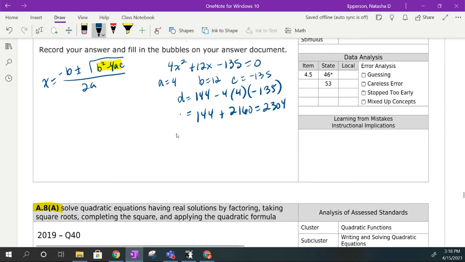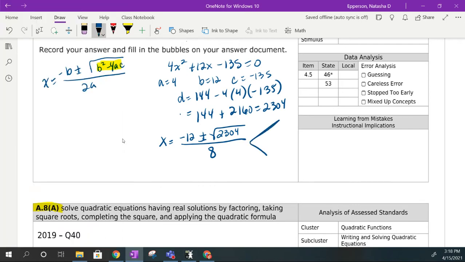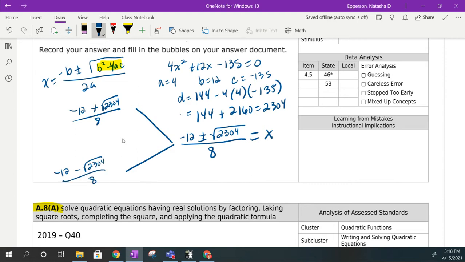All right, now I'm going to get x. x is equal to negative b, which is negative 12, plus or minus the square root of 2304 all over 2 times a, which is 4, so that gives me 8. That means this is going to be two answers. My answer is going to be negative 12 plus the square root of 2304 divided by 8, or negative 12 minus the square root of 2304 over 8.